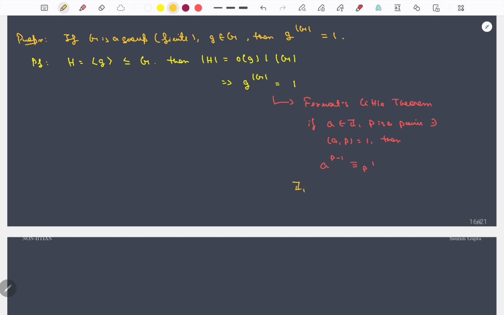What we can deal with from here is the following. If I consider Zp, the group modulo p, then it's a group with respect to addition modulo p.